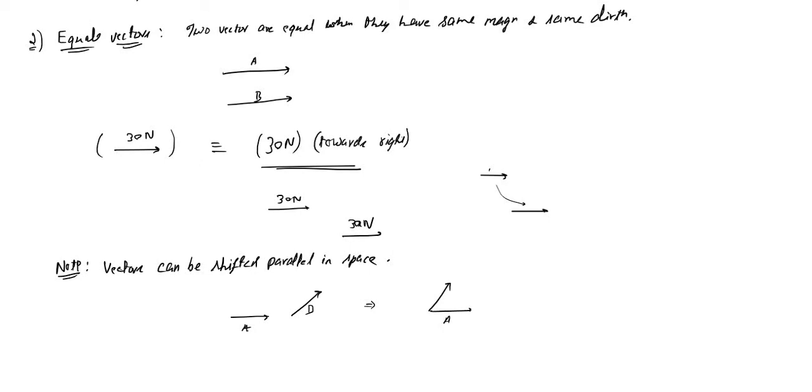This is vector A and this is vector B. So if we shift vector B parallelly in space and join it with A from tail to tail, vector B will not change. This is the method we use to determine the angle between two vectors.